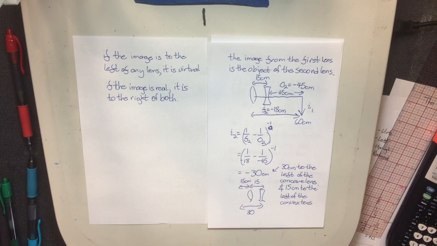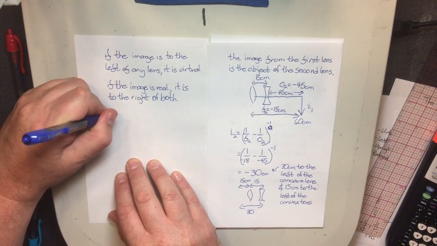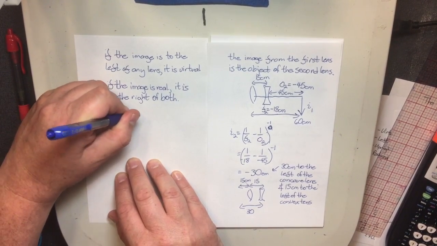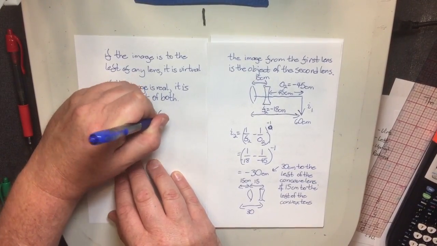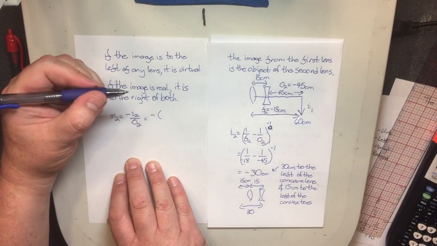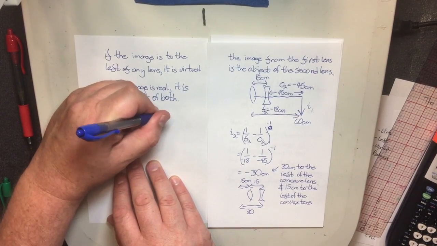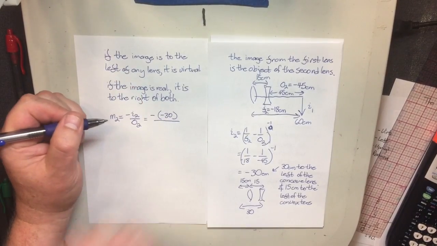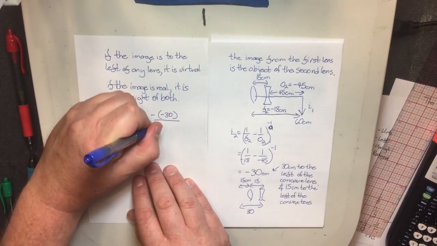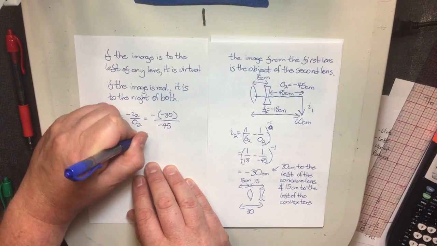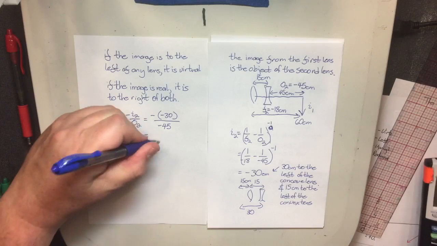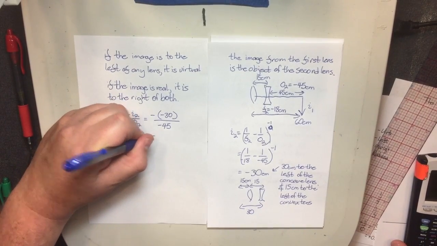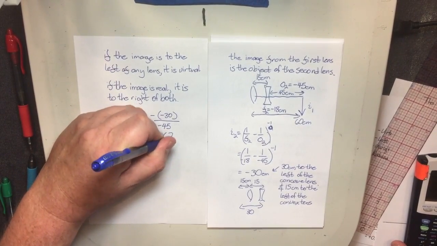Now, this is one of the critical things about the whole thing. M2 is negative I2 over O2. The image distance is negative 30. O2 is negative 45. So this becomes negative 0.67.